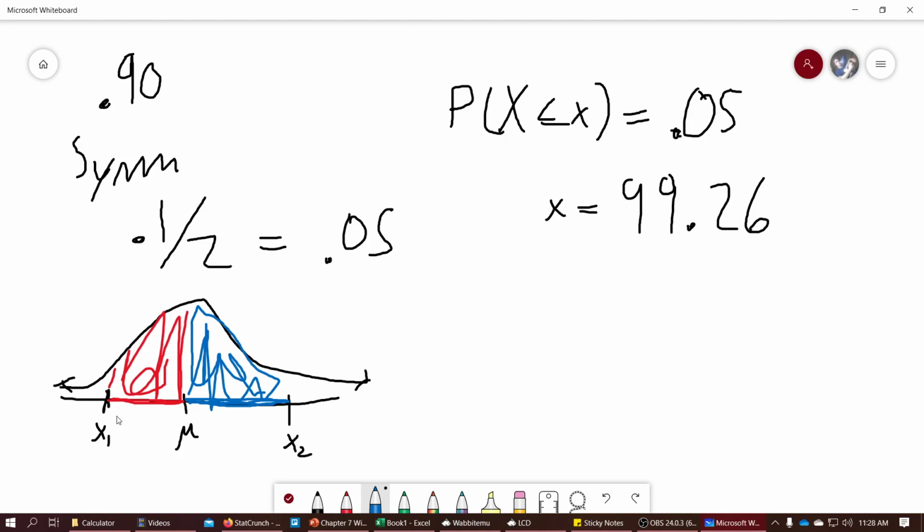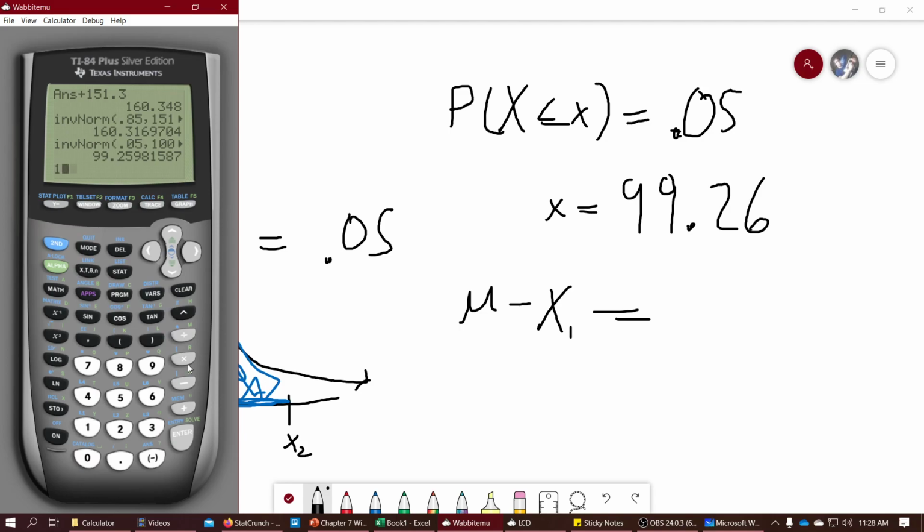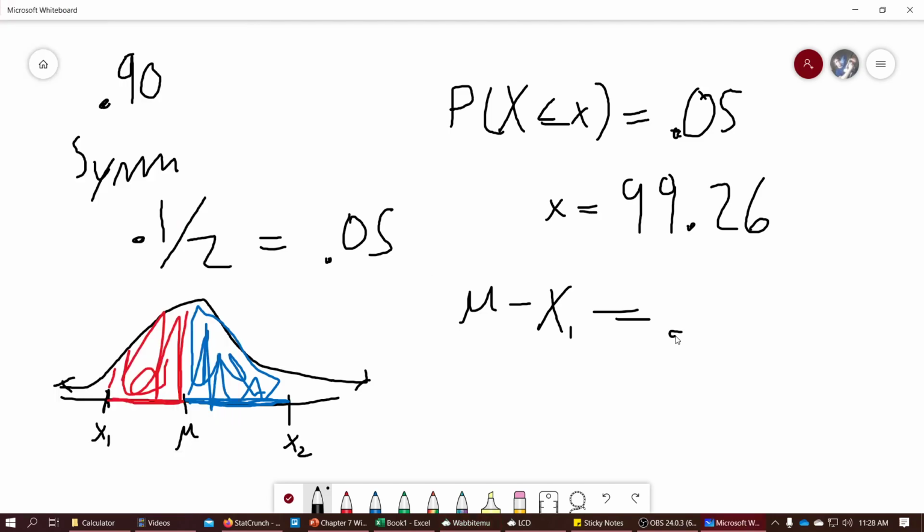find this distance between these two values. So we take mu minus x1. Mu is 100 minus x1, 99.26, and we get 0.74.